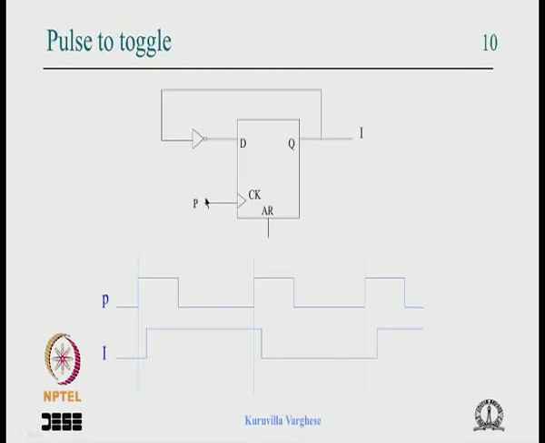This is the circuit you have: the pulse clocking the flip flop, and a toggle flip flop where Q is fed back to D through an inverter. So the first pulse comes, it is high, the next pulse comes, it is low, and our aim is to get a pulse here at the receiving end, 1 pulse here.